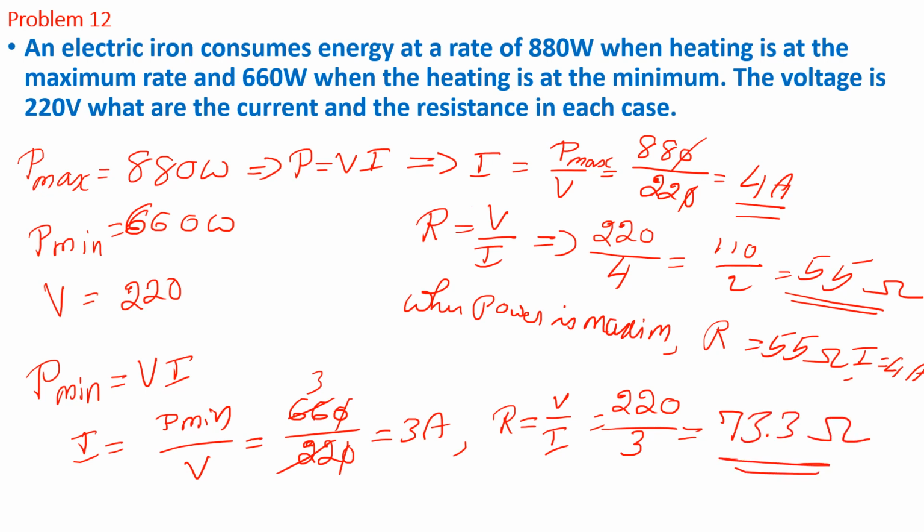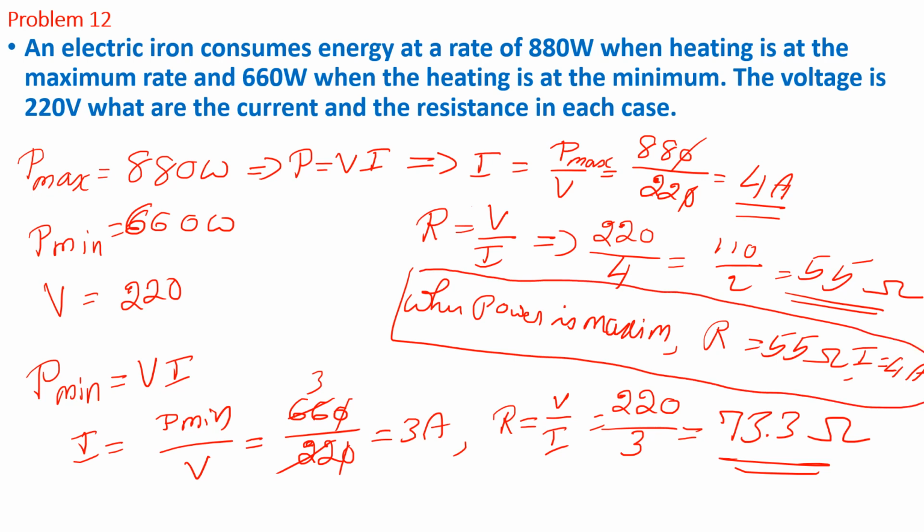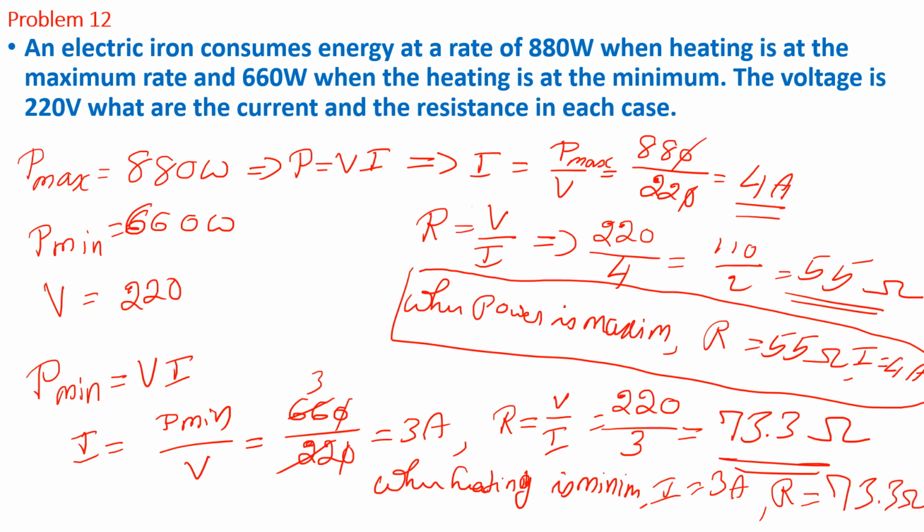So when the power is maximum, resistance is 55 ohms and current is 4 amps, and when heating is minimum, the current I is equal to 3 amps and resistance will be equal to 73.3 ohms. These are the answers for this particular question.